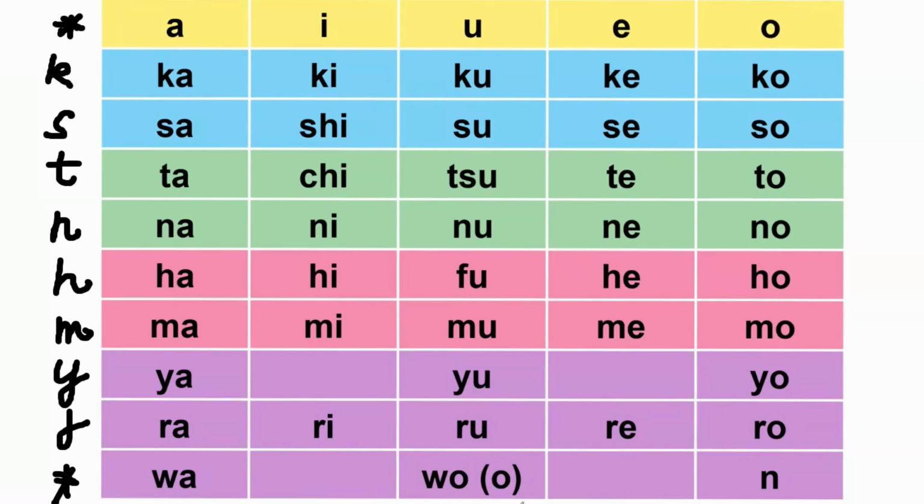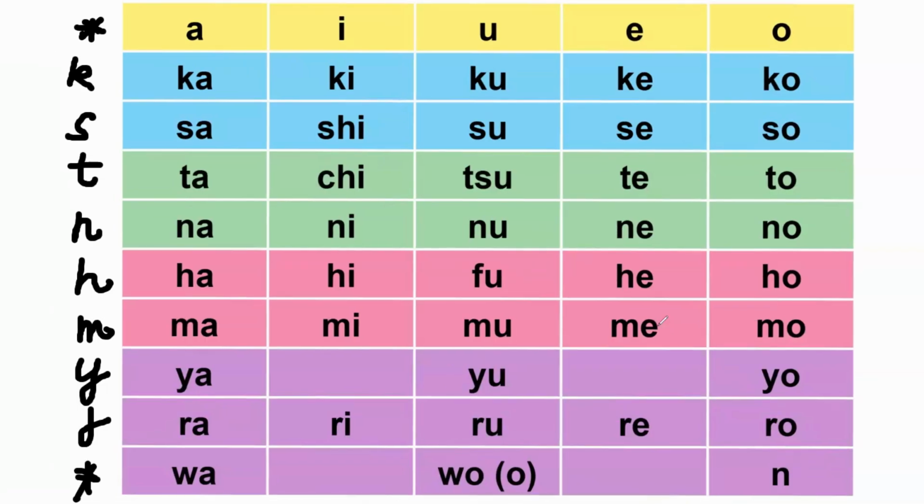And the last character is N, which is the only single letter in the Japanese basic sounds. It's pronounced as an N sound. So these are all the basic sounds.